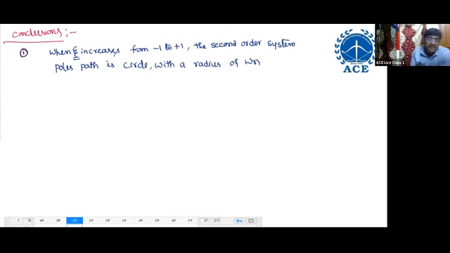And one simple problem. Note down this question.